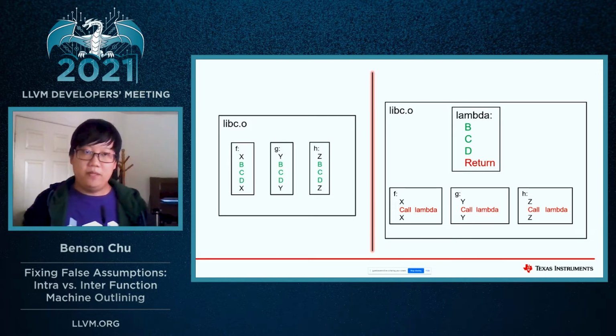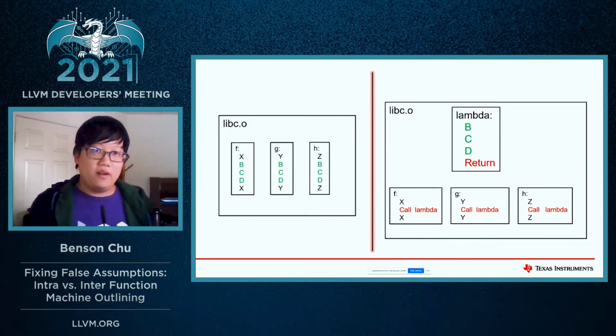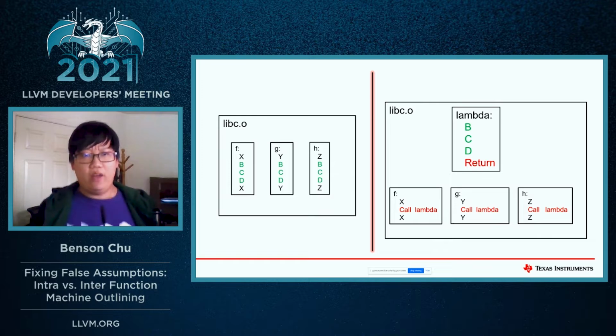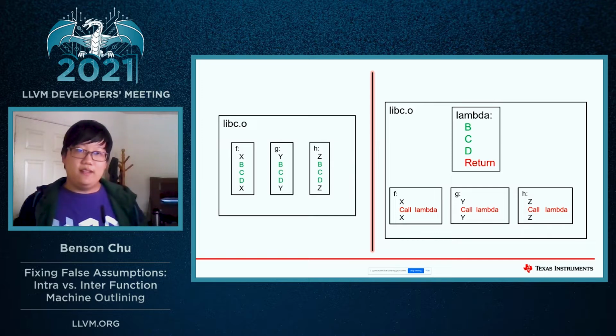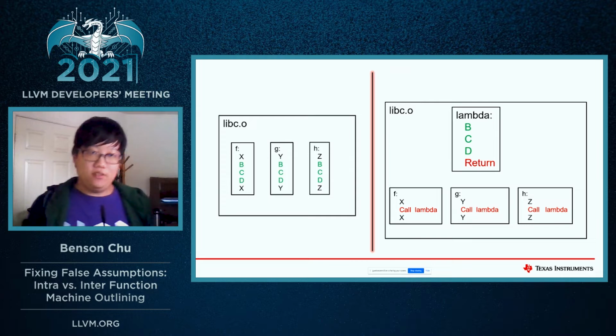So we'll talk a little bit about the heuristic of the outliner. Basically the way the heuristic works is it's just a raw instruction count of how many instructions are in the object file, with some size computation thrown in there. So for instance, in this example here, we have the object file libc, which has 3 functions, and they all share a common sequence.